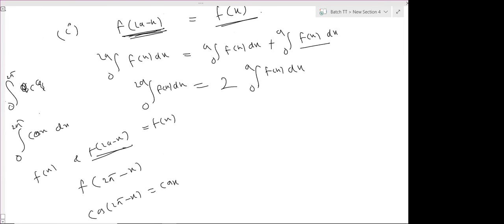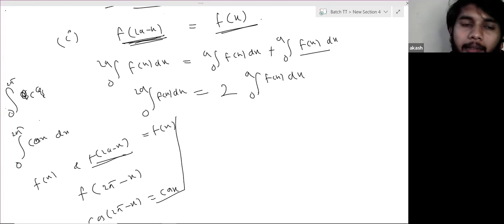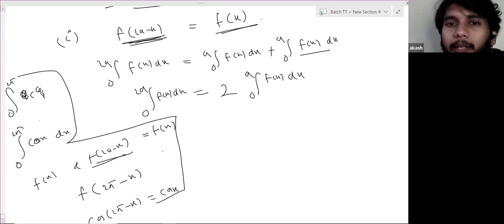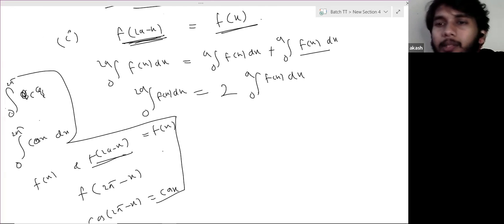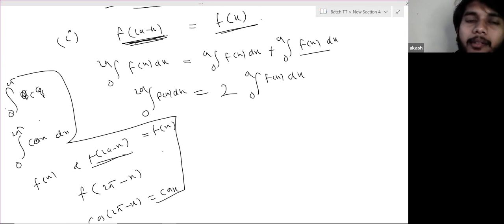So we can apply this in the above question. Yes, you can check and apply. But you can see in the above question, f of 2a minus x is changing. It is not the same. You should first calculate f of 2a minus x.